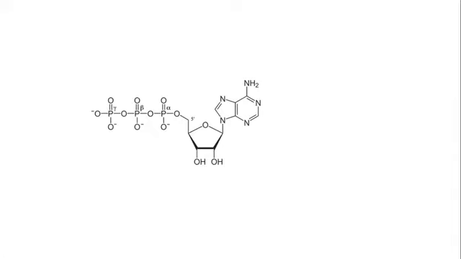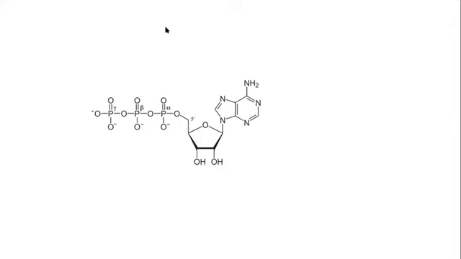Before going for probe labeling, we should know the sugar phosphate backbone. This is the general structure of a triphosphate. This is the ribose sugar, this is the adenine. Which phosphorus is going to be used? Generally the gamma one is going to be labeled.